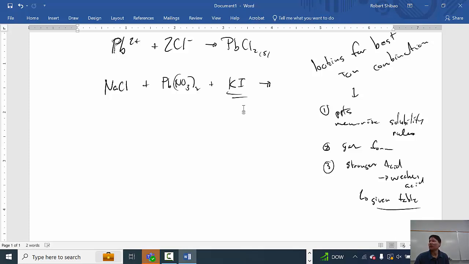Weaker acid to stronger acid is going uphill. It's got to be stronger to weaker. That's the downhill direction, because stronger acids are more reactive, weaker acids are less reactive.